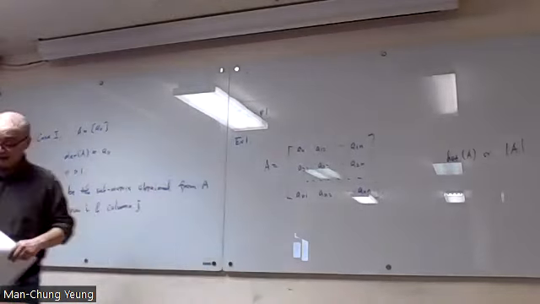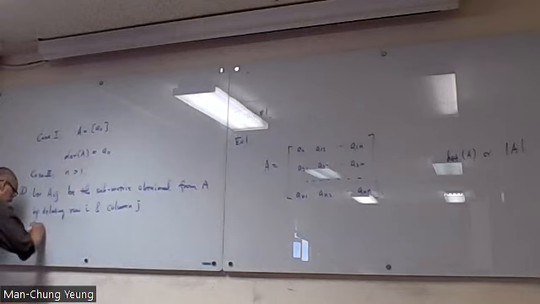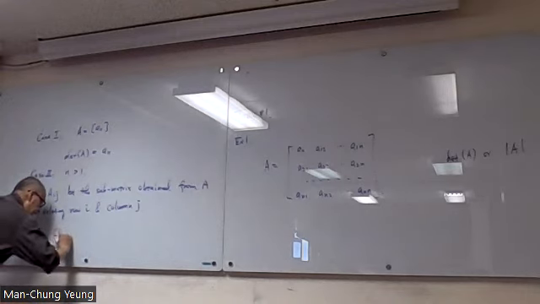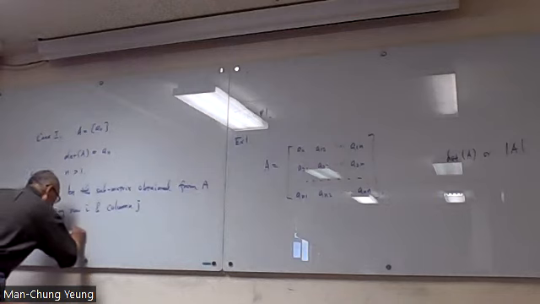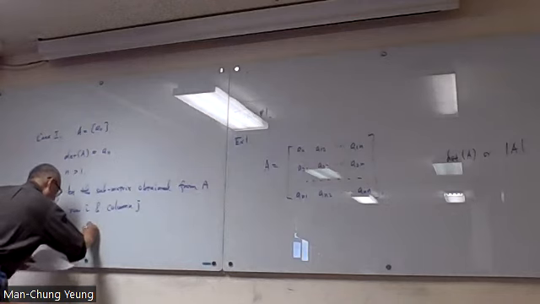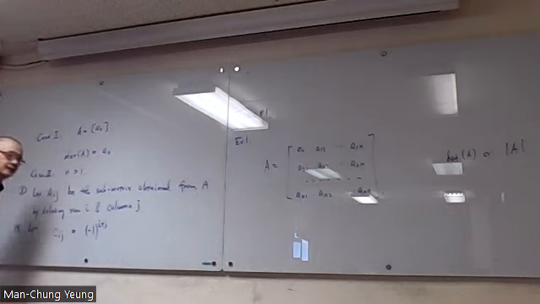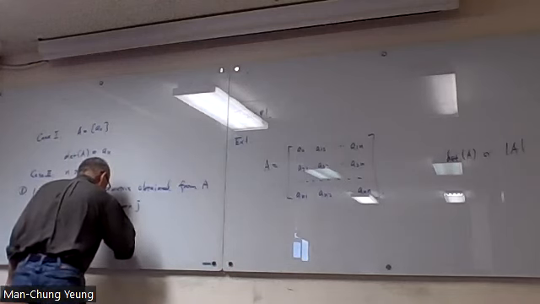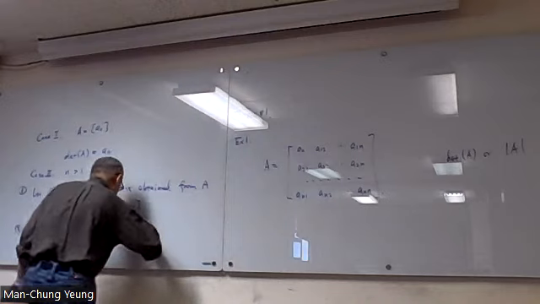Now, the second notation. I let Cij be a scalar, a number: negative 1 to the I plus J, times the determinant of Aij.